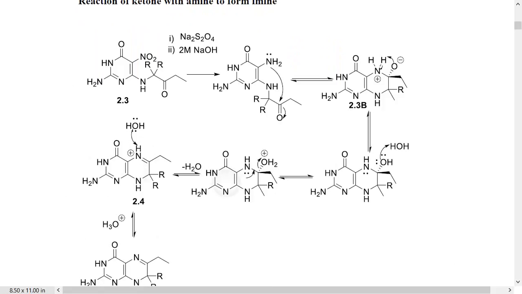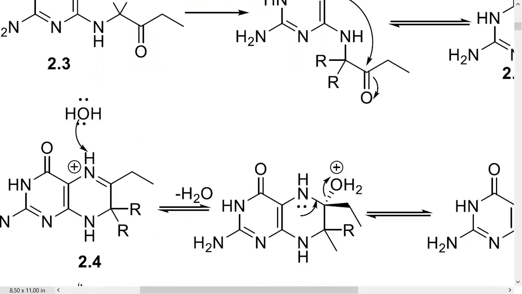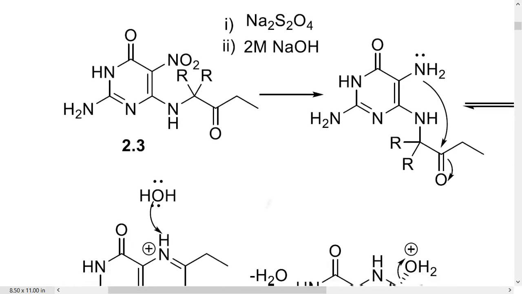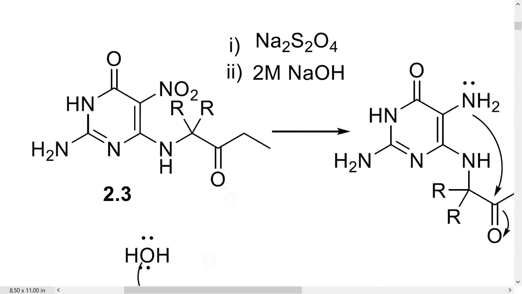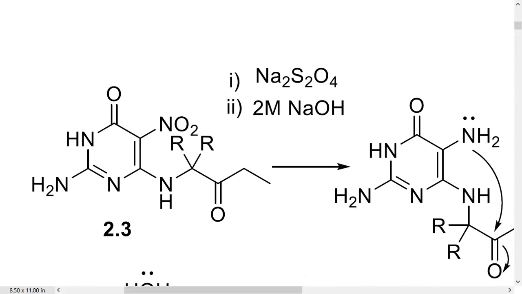I'm going to show you clearly what's going on here in the first step. If you focus on this step, what is here? What do you think is here? You are using sodium dithionite, a reducing agent Na2S2O4, and 2 molar sodium hydroxide.